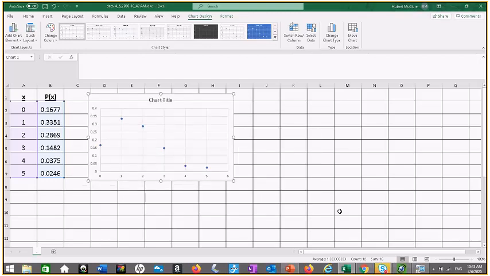So I'm going to draw my sketch. It's got a hump at the left, and then it kind of dwindles out. It looks skewed right because all the data is on the left. So it's a little bit skewed right. Okay? I'm going to delete this.